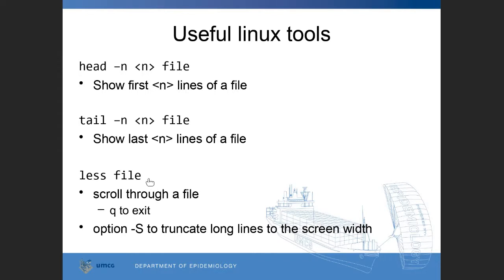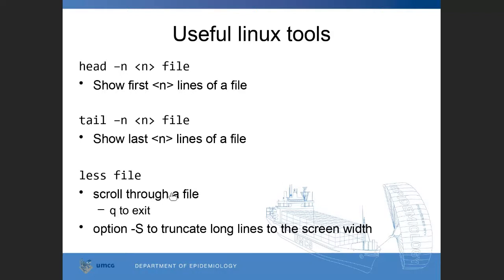And also very convenient is the less command that allows you to scroll through a file. Press Q to exit. When you are scrolling through a file, you can use the page up and page down or the space bar to scroll through it. Also, you can search for something in the file.